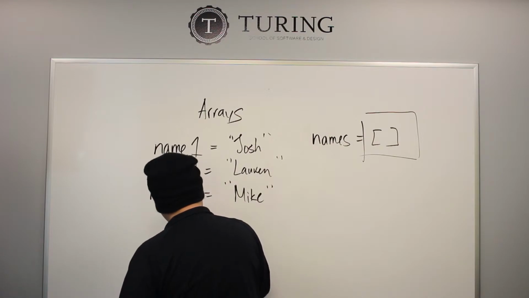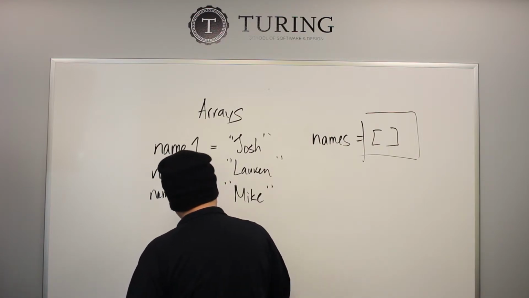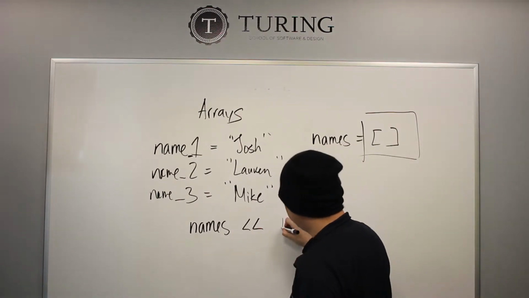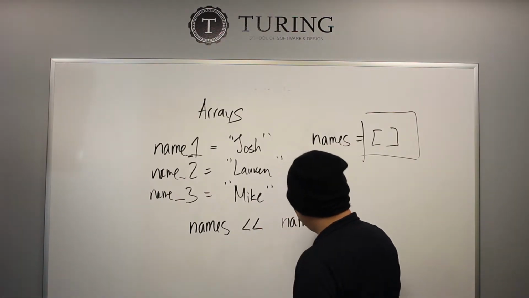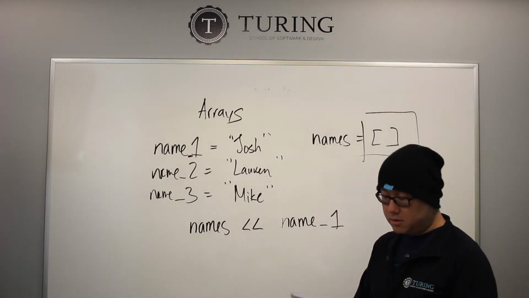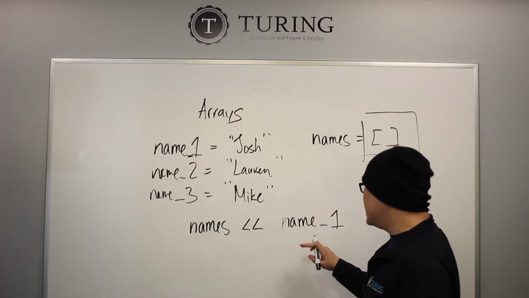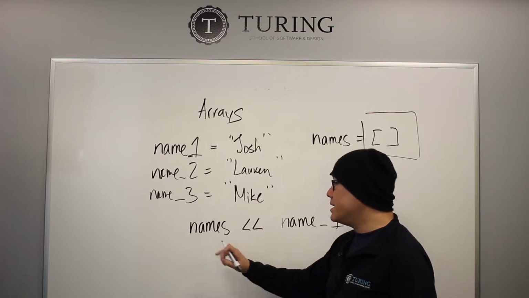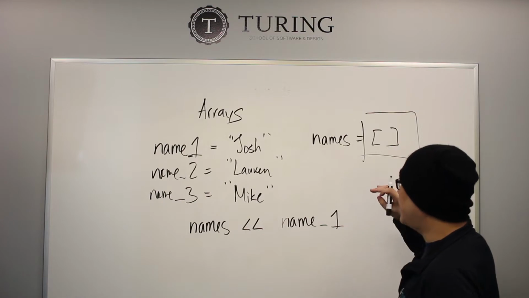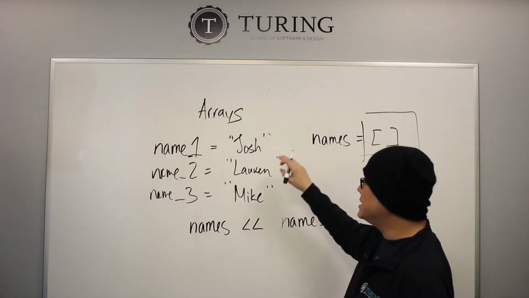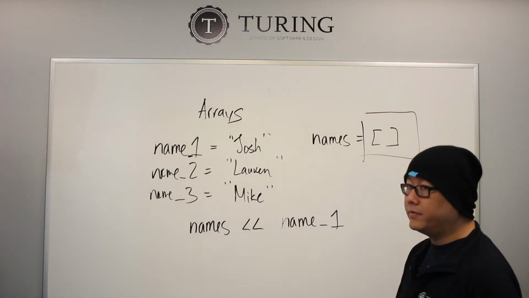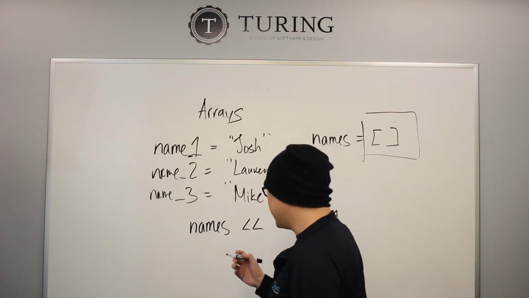What we do here is type in names and 2 less than signs, and then name_1. And name_1 now becomes the first thing in the array. If you just type in names, you'll see that the array currently contains the string Josh.